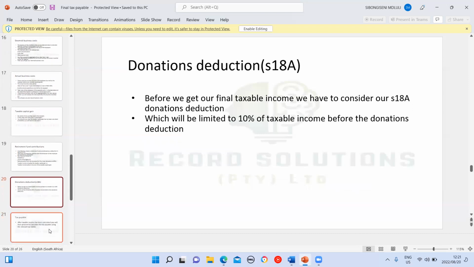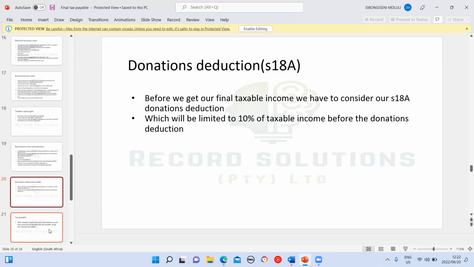Then moving on to donations deductions in terms of section 18A, you know that a donation will be allowed as a deduction if and only if the taxpayer was granted a section 18A certificate. If there was no section 18A certificate, that donation will not be allowed as a deduction.